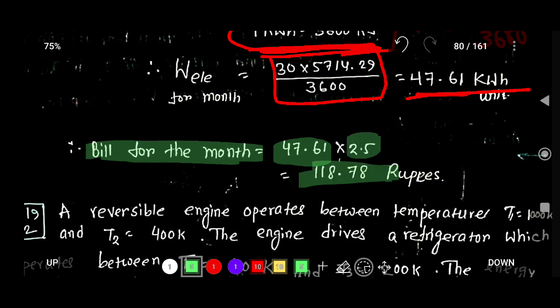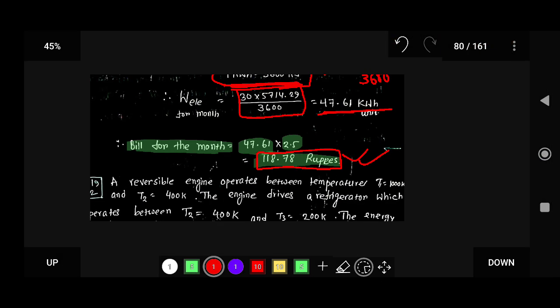From here you get the answer, that is 118.78 rupees. So the total monthly bill will be 118.78 rupees. Okay, thank you.